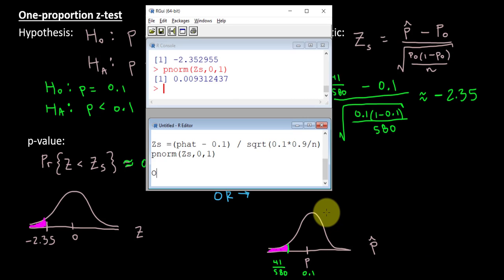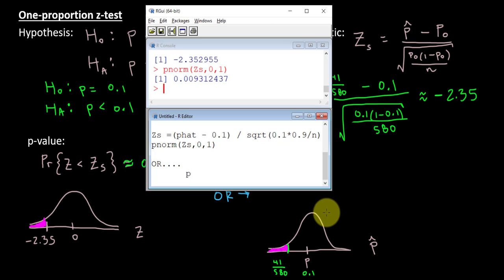So I will show that here, or we could have typed probability under a normal distribution, our sample statistic p hat. I guess I'll just type p hat since I've already defined it. We want the area to the left, and the center is 0.1. And oh, well, what's the spread? Isn't the standard deviation, I should have given it a name, but I could just copy and paste it from right there. That should be the standard deviation estimate for this distribution.